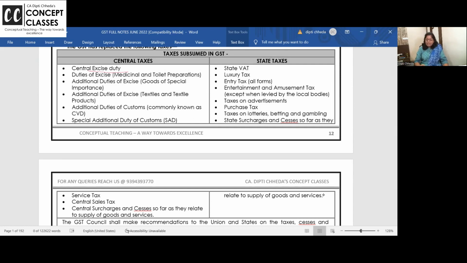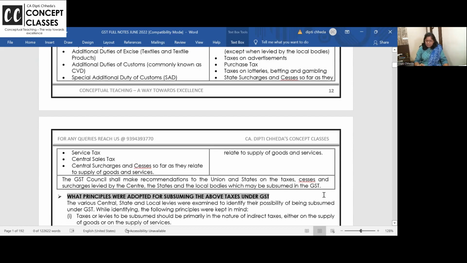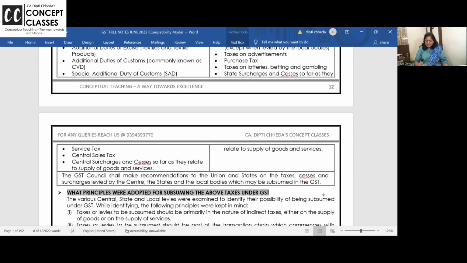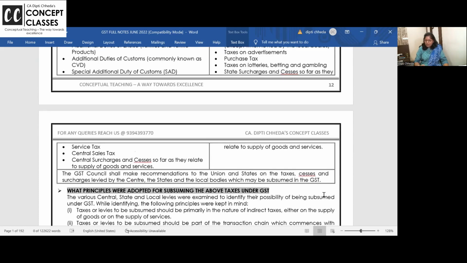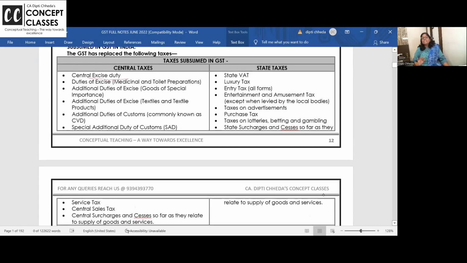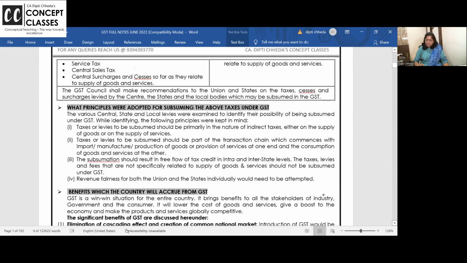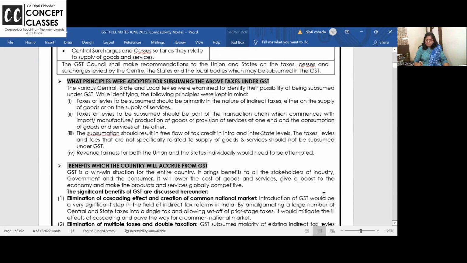Just see the names: central excise duty, additional excise duty, countervailing duty, service tax, central sales tax, other surcharges, state tax, entry tax, entertainment tax, taxes on advertisement and lotteries and all. All these taxes are subsumed, meaning now they are not there. Only 3 types of taxes are there. Number 1, income tax. Number 2, GST. Number 3, customs duty. Okay? So what are the taxes which are subsumed is clear or not?